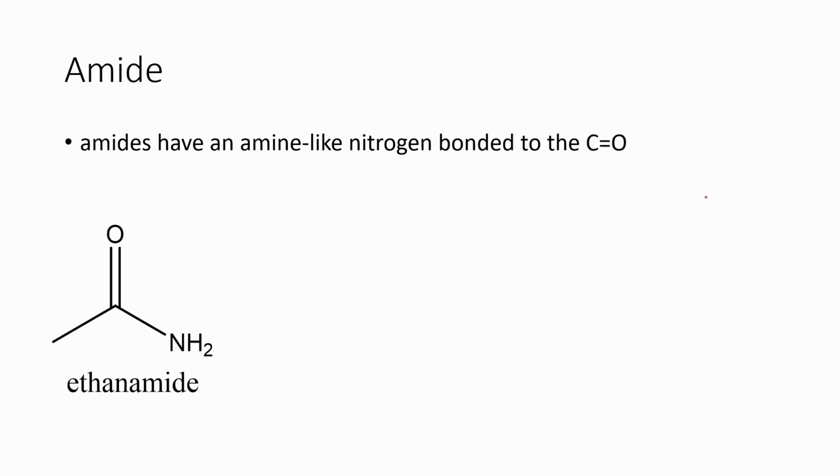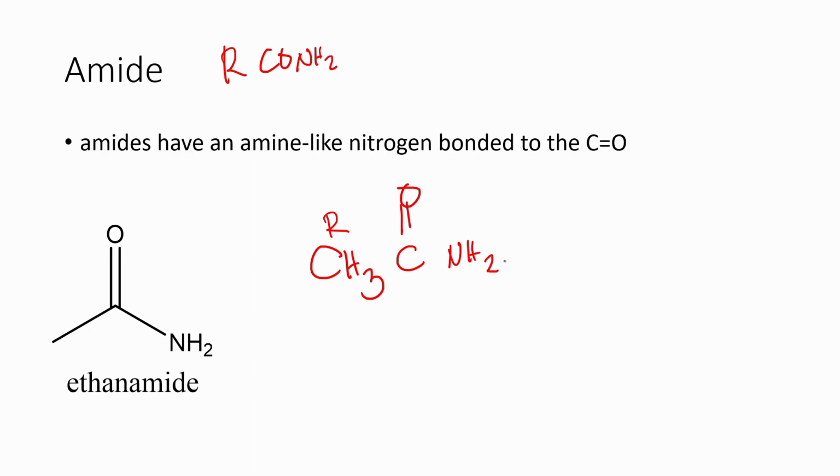Next, we have our amide. So amides has this amine-like nitrogen bonded to the C double bond O. So in this case, you have ethanamide, CH3, which is R, then you have your C double bond O, then you have your NH2. This is your amide.